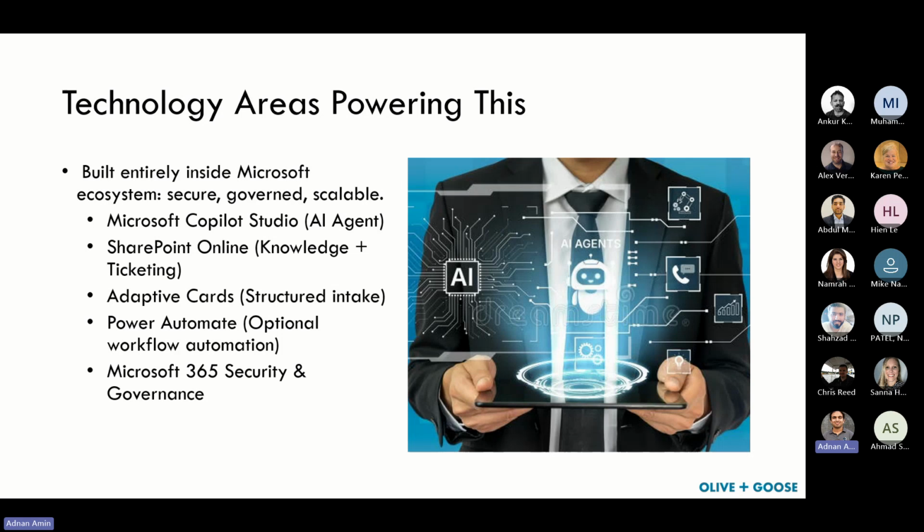These are the technical areas required for creating the agent. And the key takeaway here is governance and security. Your data remains within your Microsoft 365 tenant. No external AI platform required, no custom code required. Let's briefly look at these technology areas before we go to the actual demo.